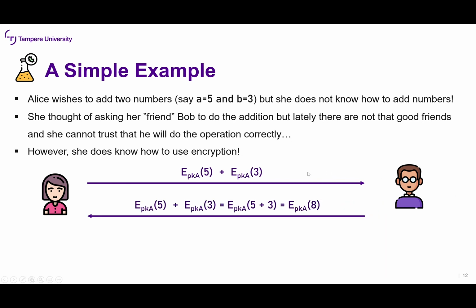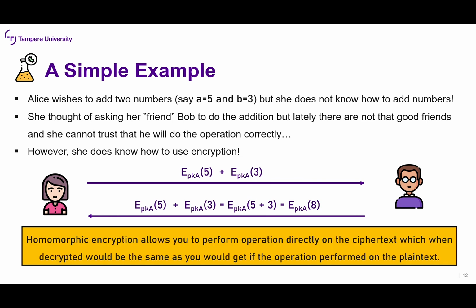Now, Bob knows how to perform homomorphic encryption, and he can use the property of homomorphic encryption that allows him to add two numbers. So Bob can do the addition for Alice directly in the ciphertext. He will calculate the encrypted version of 5 plus the encrypted version of 3, and will send back to Alice an encrypted version of 8 under Alice's public key.